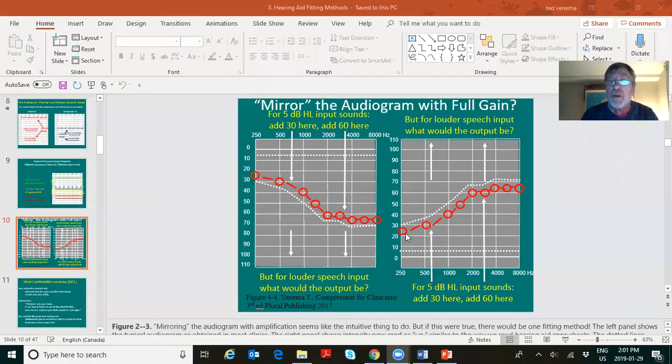Okay, here. So we can amplify a soft 5 dB sound by the full degree of the loss, no problem. That's easy. But what happens if the input is speech? How much do you amplify speech by? Because if the input is 5, sure, I can amplify a 5 dB input by the full degree of the loss, no problem.